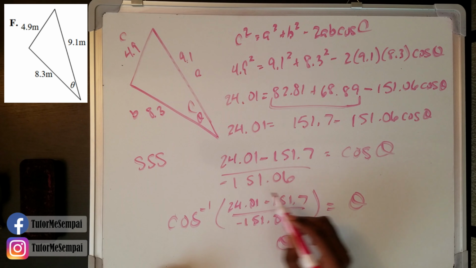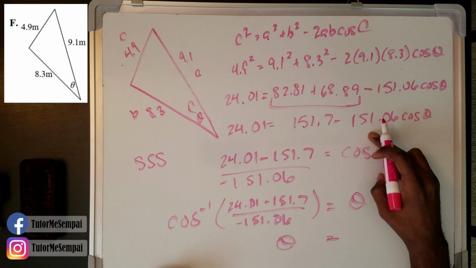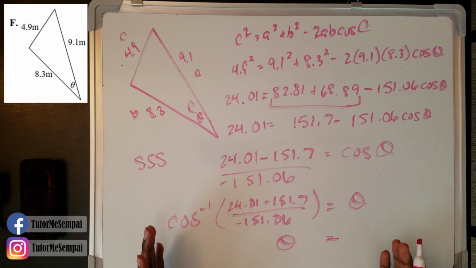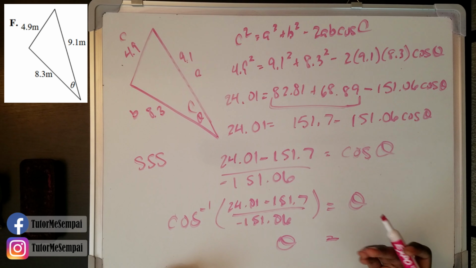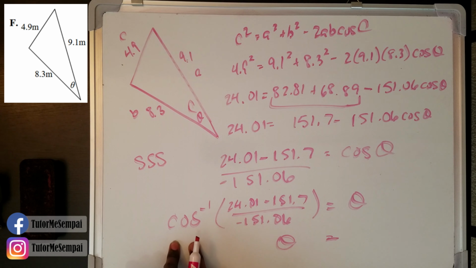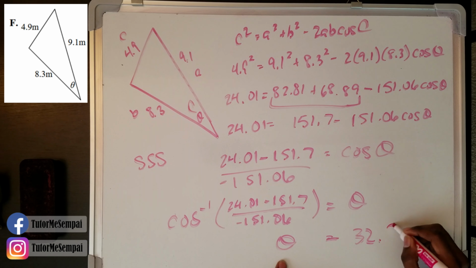That was a negative there that when you divided both sides by this 151, that negative should have come with it. So this is going to be a negative 151 on the bottom here. Make sure you don't miss those crucial signs. It is so easy to miss, so make sure you're hyper diligent in checking that. So now that we have our negative in the right spot, we plug all of this into our calculator with our inverse cosine, and we get theta to be 32.3.